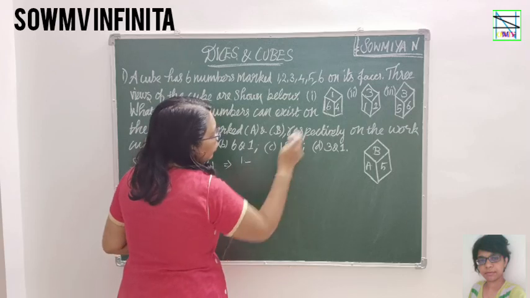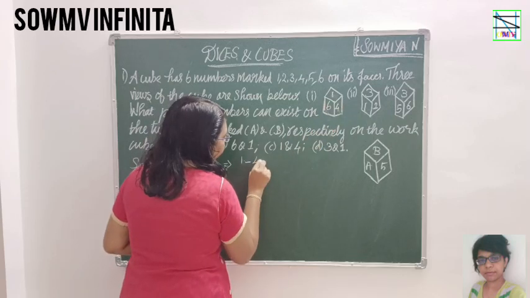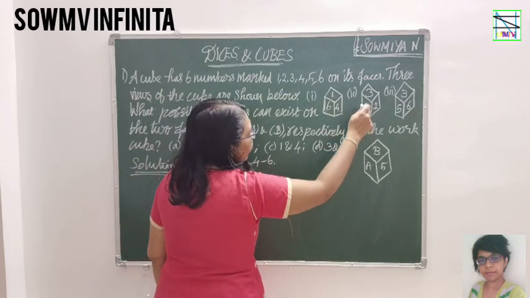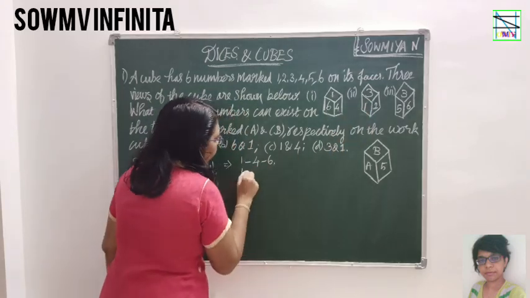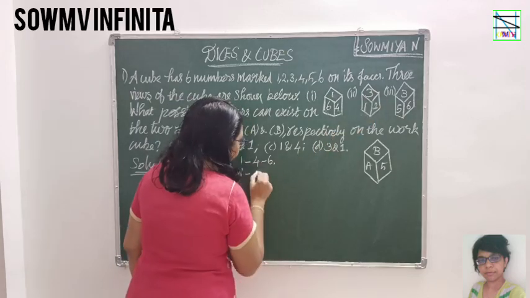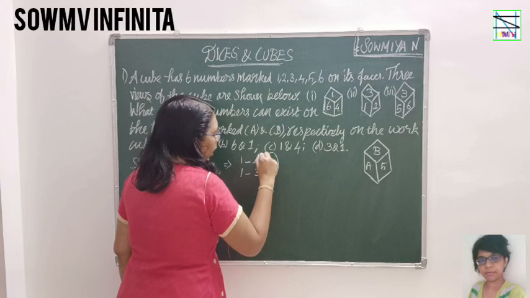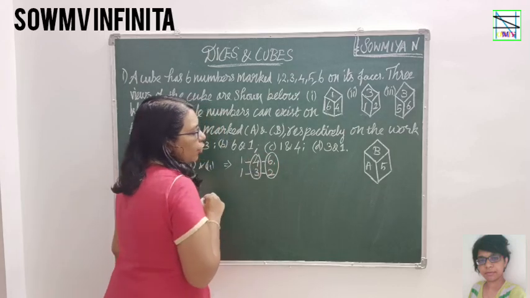So 1, 4 to 6, I can arrange in a clockwise direction. The next one I can start from here in the second dice: 1, 3, 2. Which means 6 is opposite to 2 and 3 is opposite to 4.